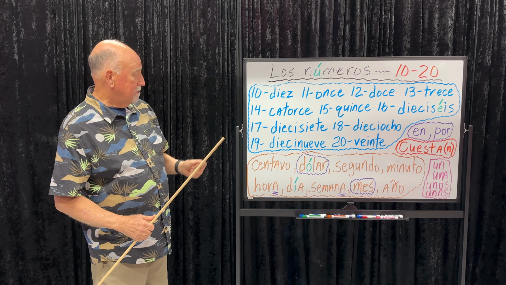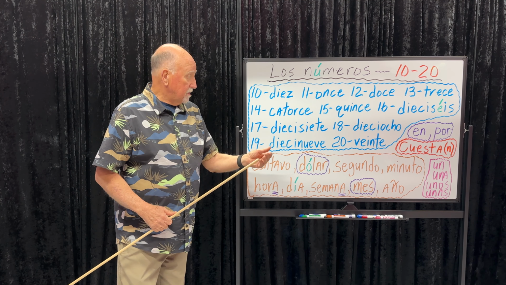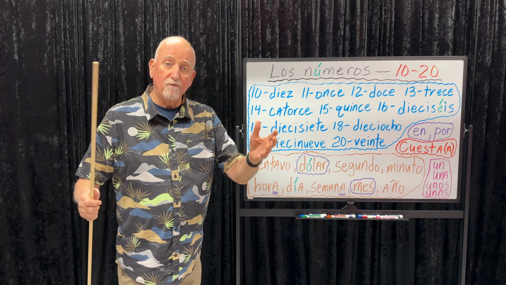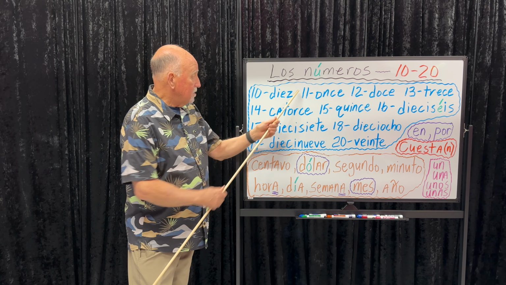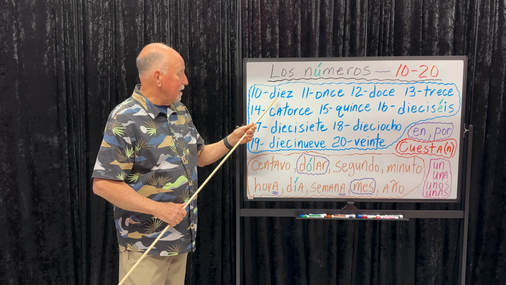10, 11, the vowels. You know the vowels from the alphabet, right? Simple. 10, 11, this is a one-syllable word. That's a diphthong.